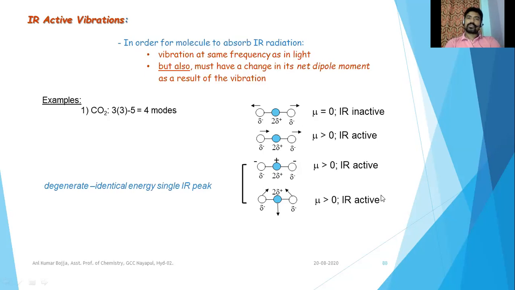What bands are allowed, after that we discussed the center of symmetry of the molecule, and then the dipole moment. After that, we learned the selection rules of infrared spectroscopy.